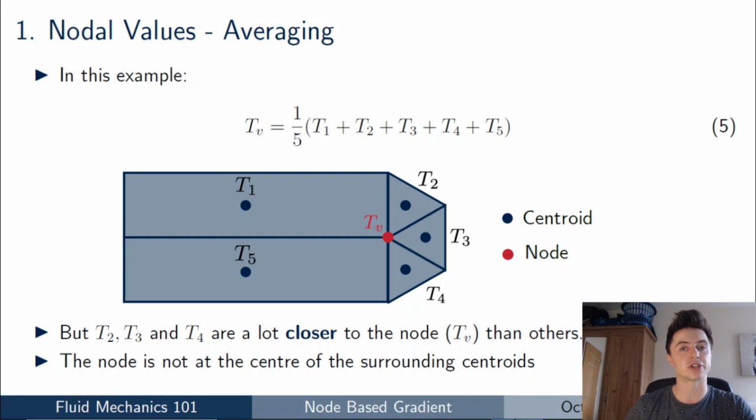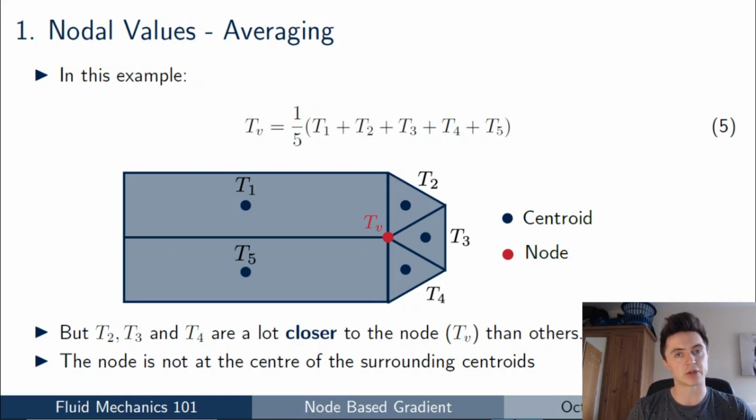And so actually, if we just used a normal averaging technique, we'd get the wrong temperature at the node. What we really want is to somehow weight the temperature at the node by the centroids that are closer to it, so that if we have an extreme case like this, our nodal value will be correct.